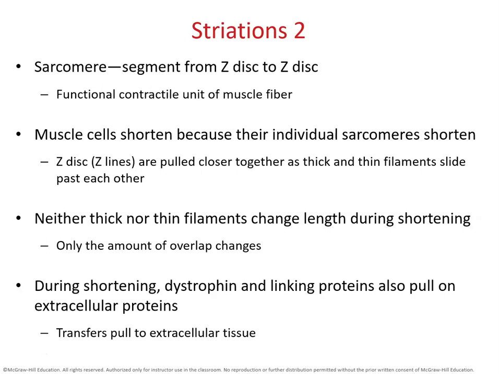So the thick and thin filaments stay the same size. They slide past each other and overlap more during a muscle contraction. When the muscle contracts and the Z disc distance shortens, the sarcomere shortens, the dystrophin and the other proteins pull on the extracellular proteins.